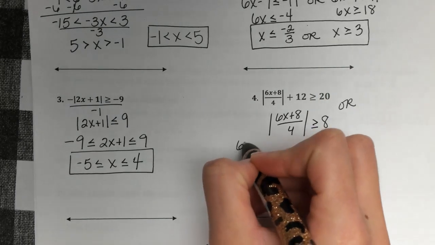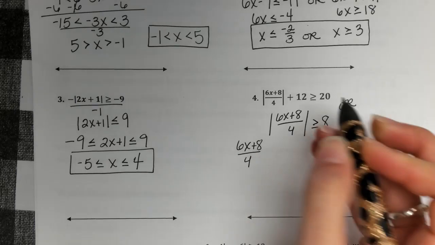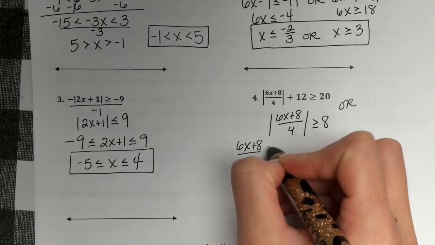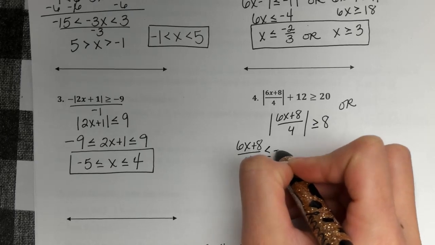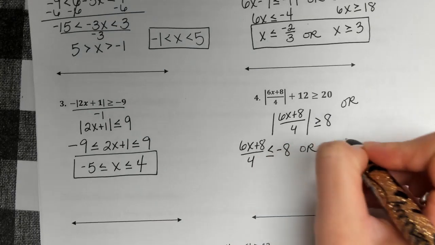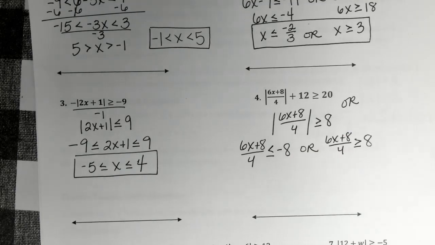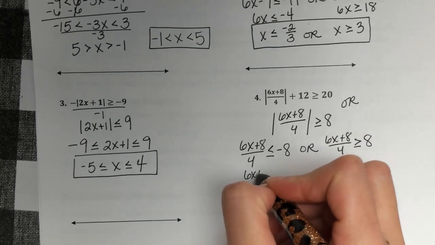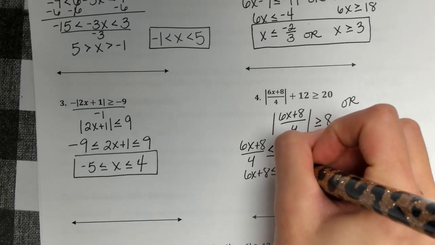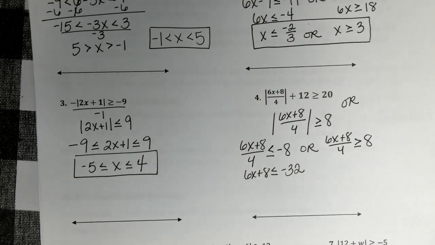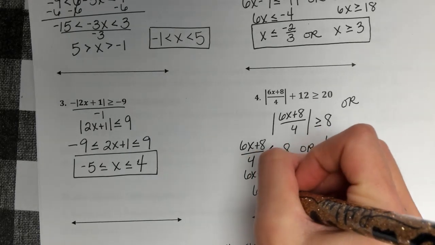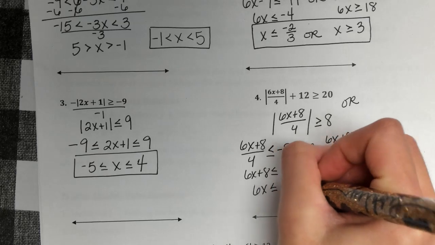So I have 6x plus 8 over 4 is less than or equal to negative 8, or 6x plus 8 over 4 is greater than or equal to 8. Multiply by 4, 6x plus 8 is less than or equal to negative 32. Subtract your 8, and 6x is less than or equal to negative 40.